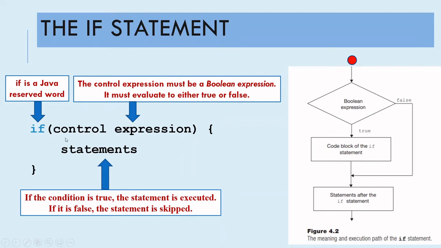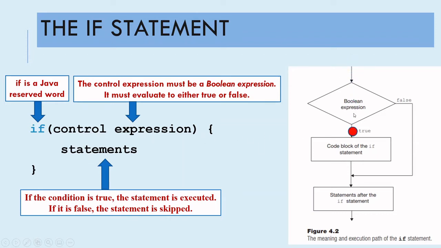So only if the control expression evaluates to true will these statements be executed. If false, it's just going to go around this if statement block and execute the rest of the lines of code.